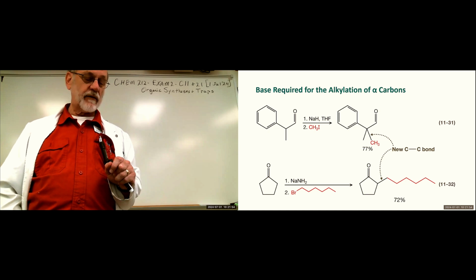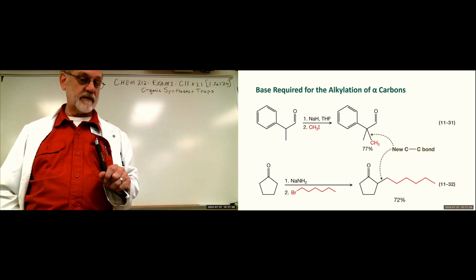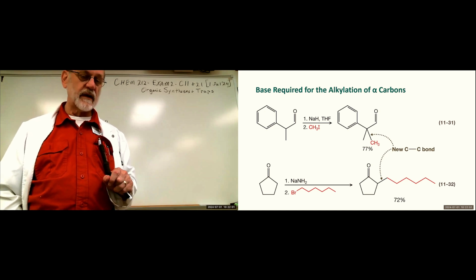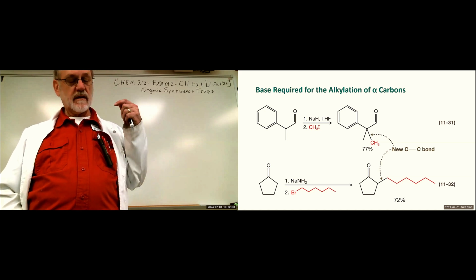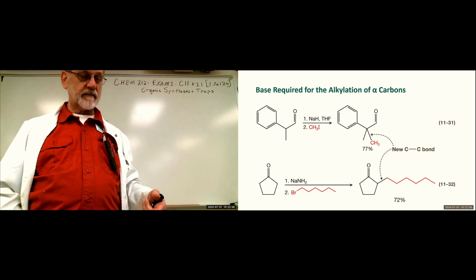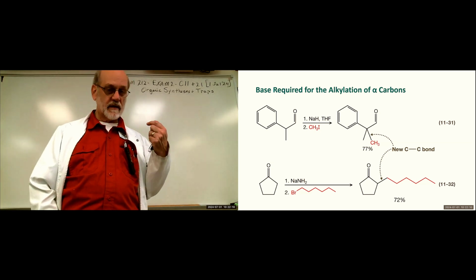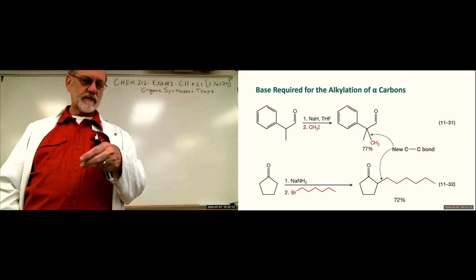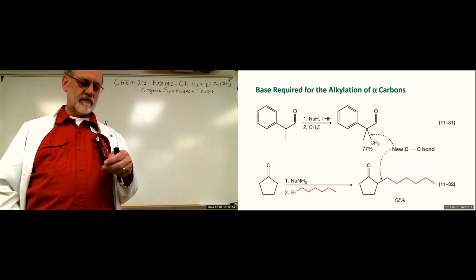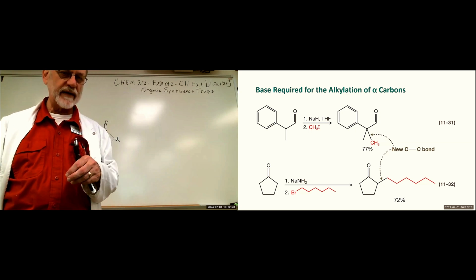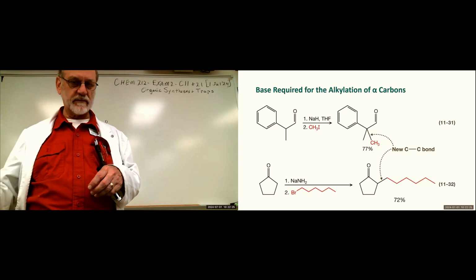And for the second one, likewise, we get a carbon-carbon bond using an alkyl halide. The methyl iodide in the first one, and the hexyl bromide in the second one.